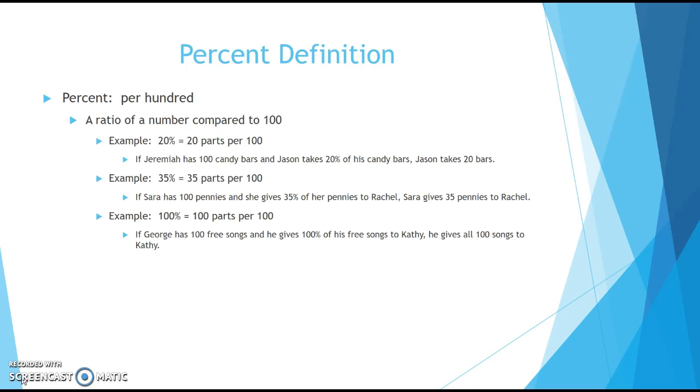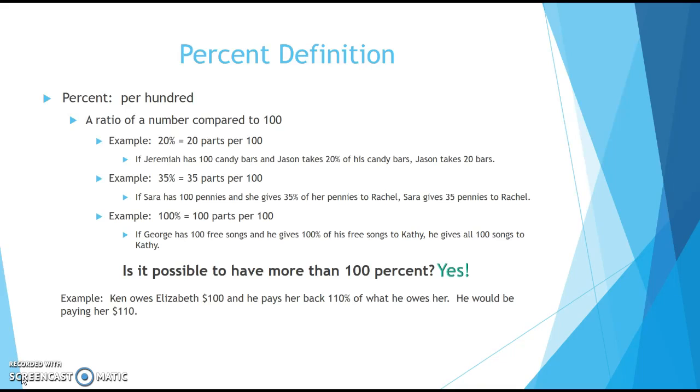So we compare percents to 100, but is it possible to have more than 100%? Well, if you've ever listened to people talk, yes, it is possible when you're giving more or taking more than what was originally there. So, for example, Ken owes Elizabeth $100 and he pays her back 110% of what he owes her.